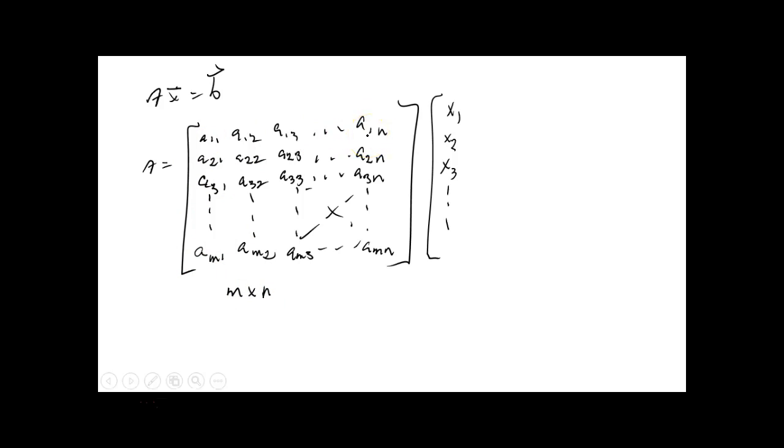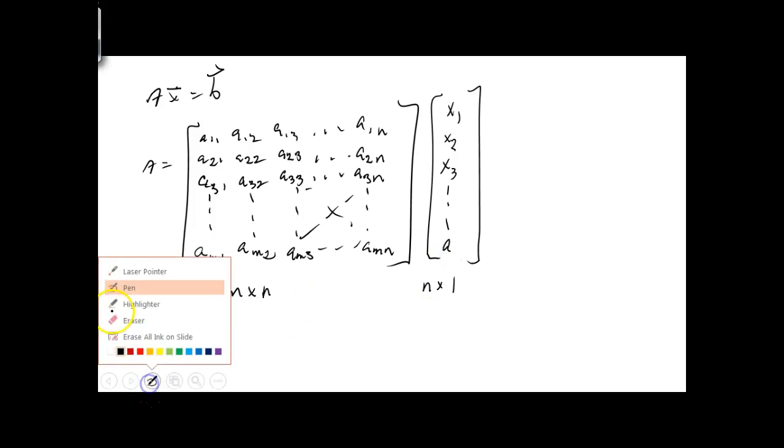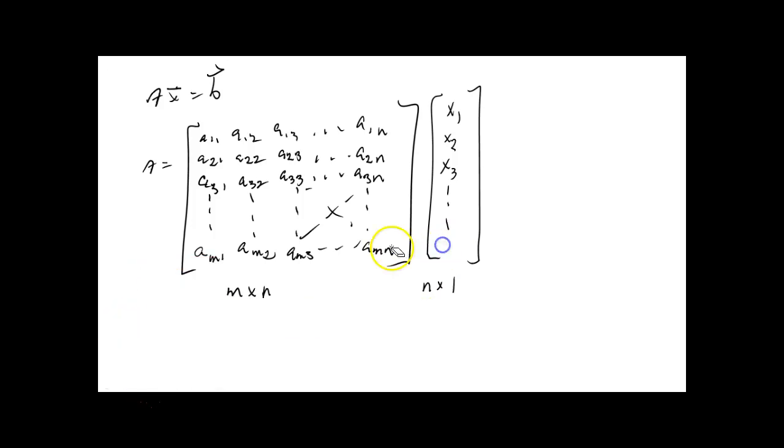So this has to be an N by 1. It's just one column, so this goes up to X sub N, where N may be different from M, because these two sort of wipe out here.